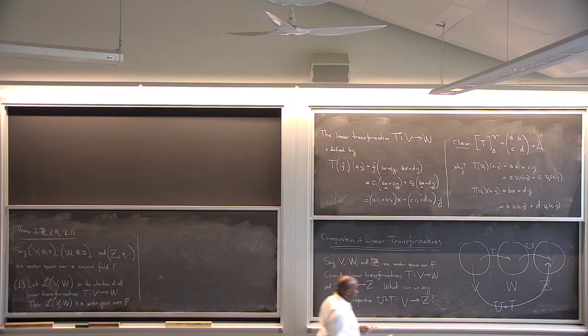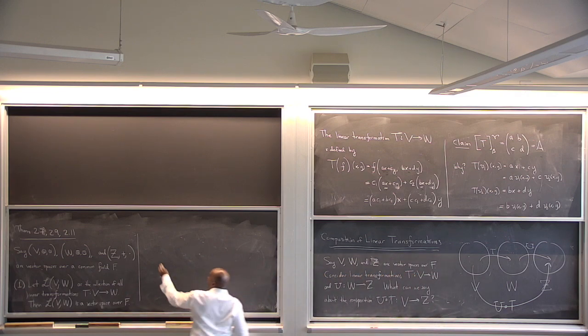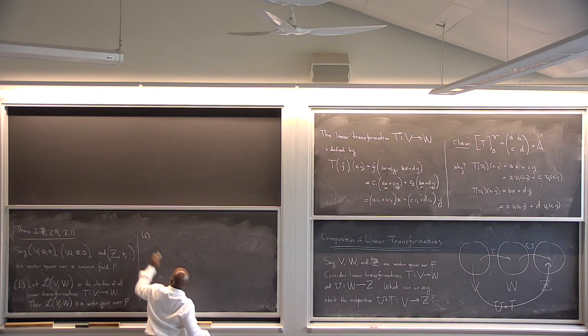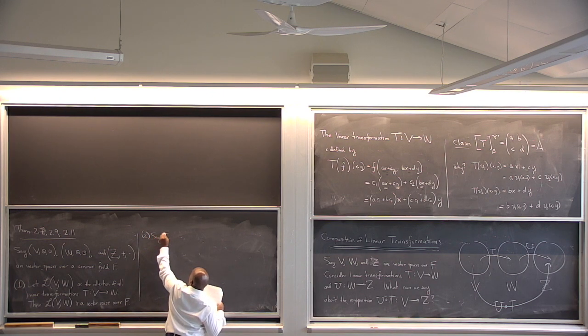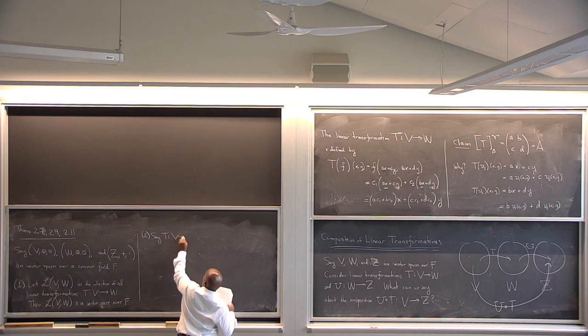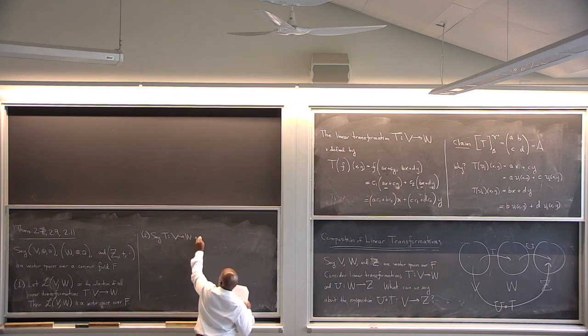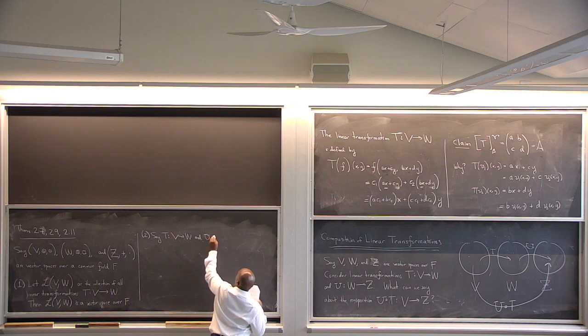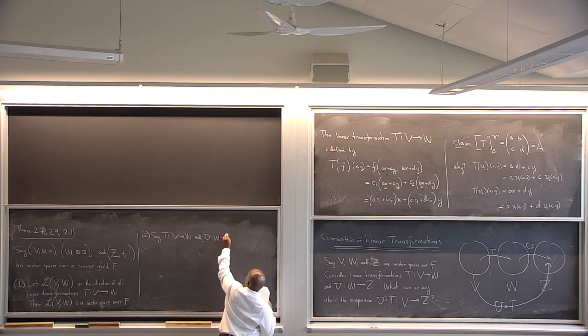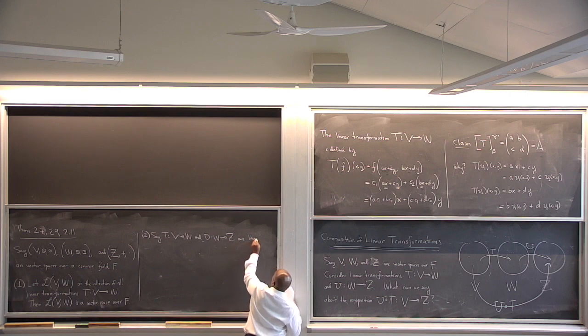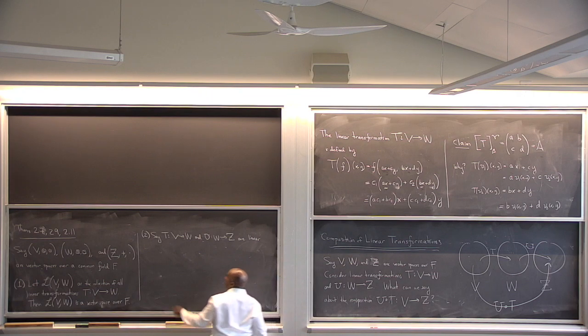Number two, say that we have two different transformations, as what I've written over here on the right. So again, let's say that T and U are linear transformations.